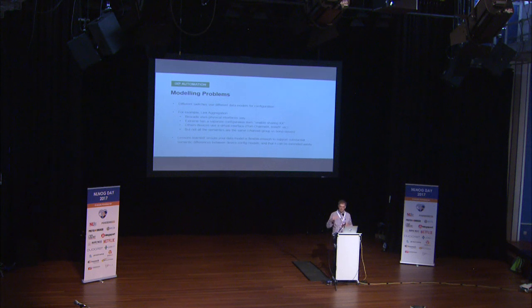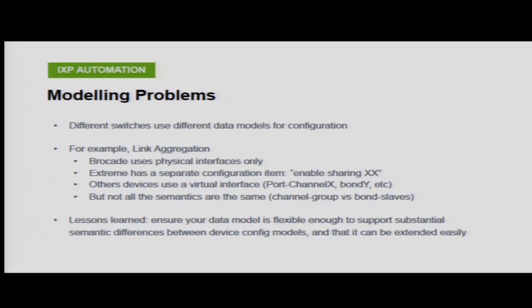Extreme just uses the physical interfaces, but you have to enable sharing. You just say enable sharing and then a number, ports 1, 2, 3, 4, 5. Other devices will use port channel or bundle Ethernet or bond or whatever it is as the name of the virtual interface. But even then, you run into some really weird deployment problems.